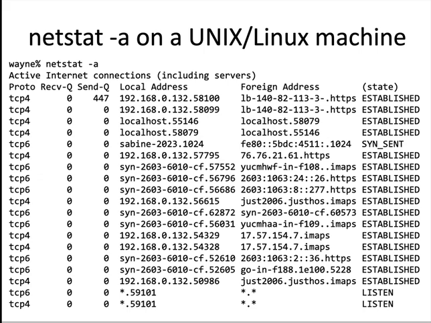Name or IP address if name's not available, dot, and most of those are doing HTTPS, but there is a couple of IMAP connections, which is an email protocol. So all that looked normal, but just to tell you why you might discover things, I did this on my laptop to grab a slide to put in this presentation. And I saw those last two connections, 59101, and they're actually listening.